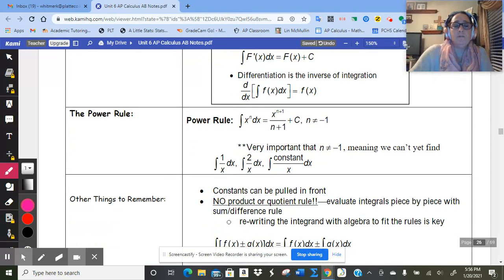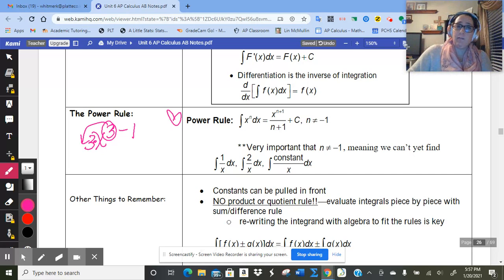All right, so the first rule we're going to see is called the power rule, just like when we learned the power rule with derivatives. But now we're working backwards. In derivatives, I would bring this 3 down and multiply, and then subtract 1. So we have to go in reverse order.